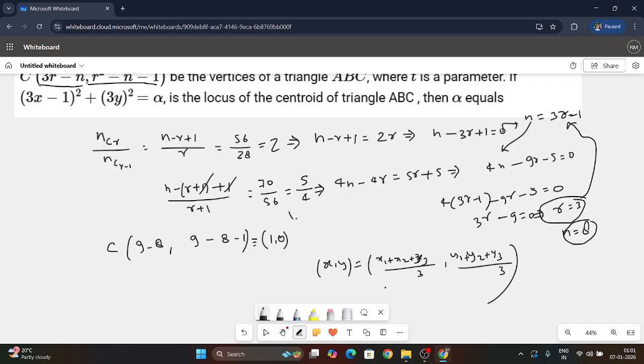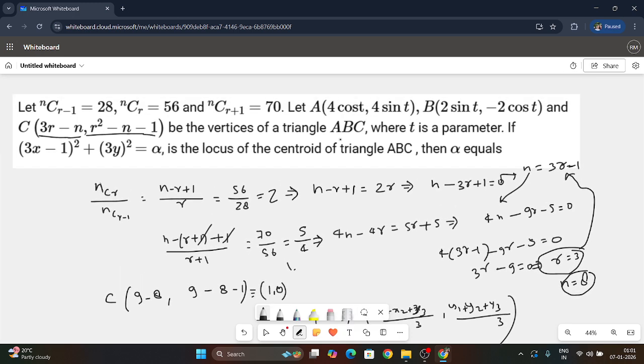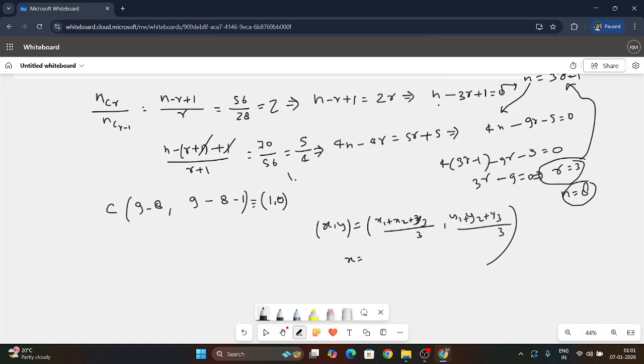I am writing separately: x is equal to x1, which is 4 cos t plus 2 sin t, and for point C the x coordinate is 1. So x equals (4 cos t plus 2 sin t plus 1) divided by 3.